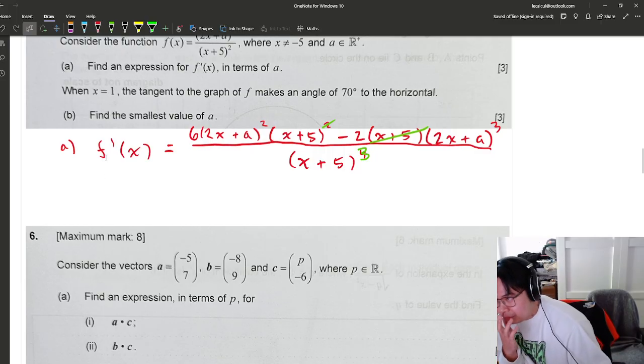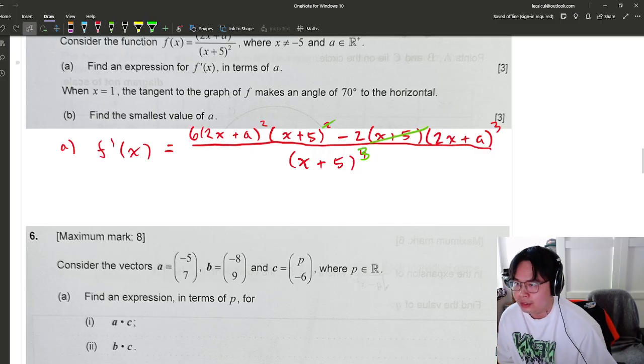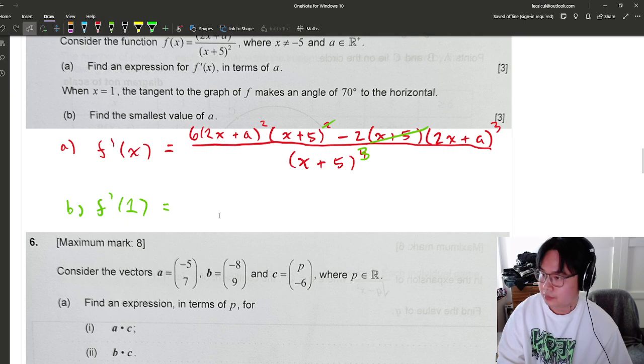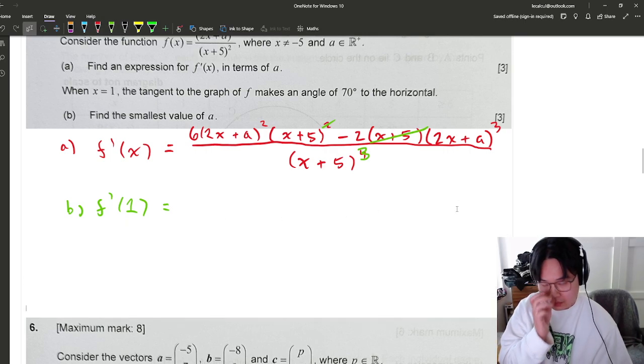B. When x is 1, the tangent to the graph of f makes an angle of 70 degrees to the horizontal. Find the smallest value of a. Okay, well first, if I know x is 1, I'm going to find this first.